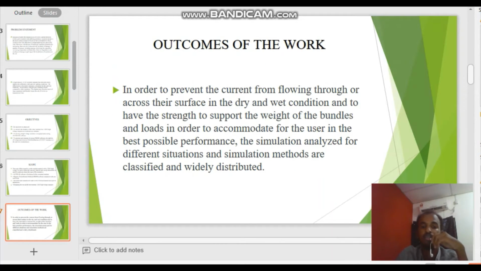Then the outcomes of the work. In order to prevent the current from flowing through or across the surface in dry and wet conditions, and to have the strength to support the weight of bundles and load, in order to accommodate the user with the best possible performance, the simulation is analyzed for different situations and simulation methods are classified and widely distributed.